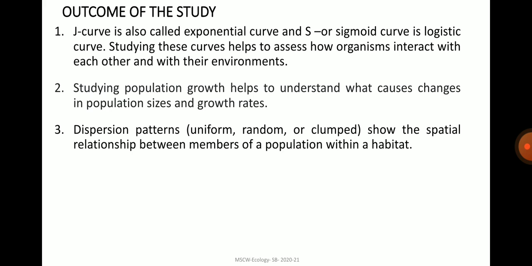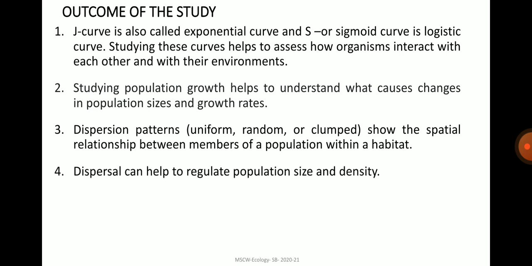Study of population dispersion patterns such as uniform, random or clumped shows the spatial relationship between the members of a population within a habitat. Population dispersal can help regulate population size and density, that is the immigration, emigration and migration of individuals within a population.